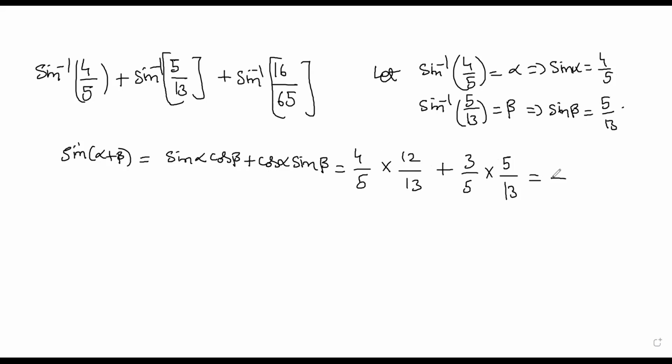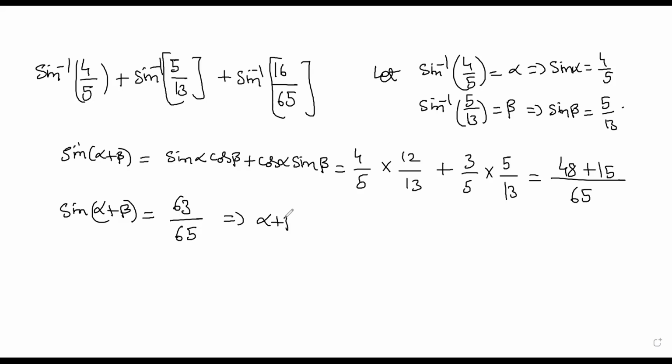So you have denominator 65 and numerator 48 plus 15. So sine of alpha plus beta happens to be 63 by 65. So alpha plus beta is sine inverse of 63 by 65.